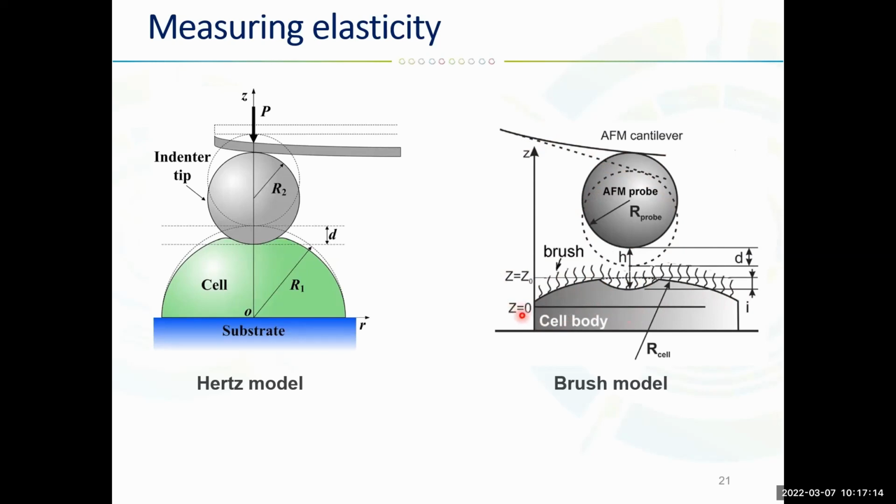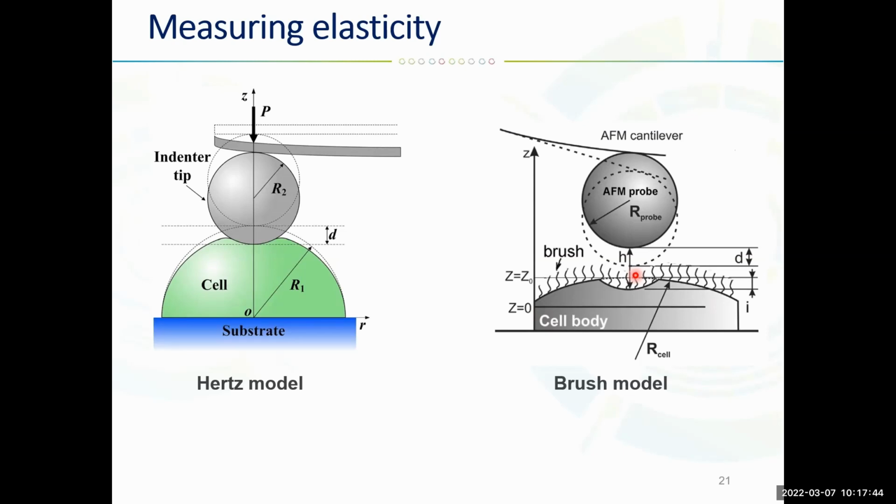Z that is equal to 0 is the maximum deflection that can be assigned by a researcher. And the H here is the separation between the sample and the probe. This kind of model allows deriving the elastic modulus of the cell body using extra parameters of the surrounding brush.